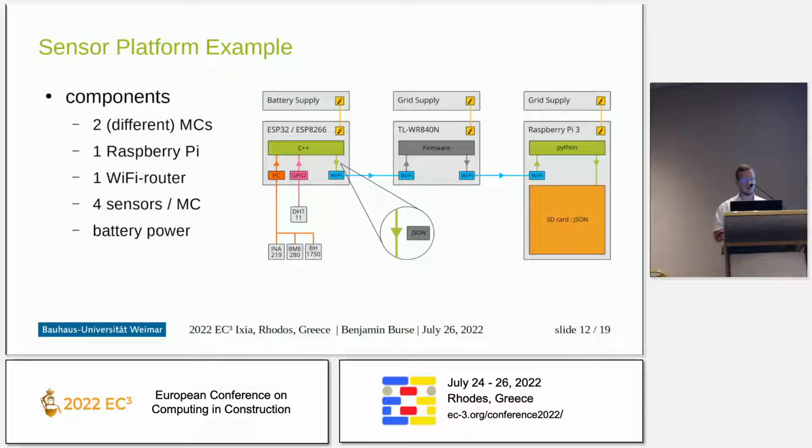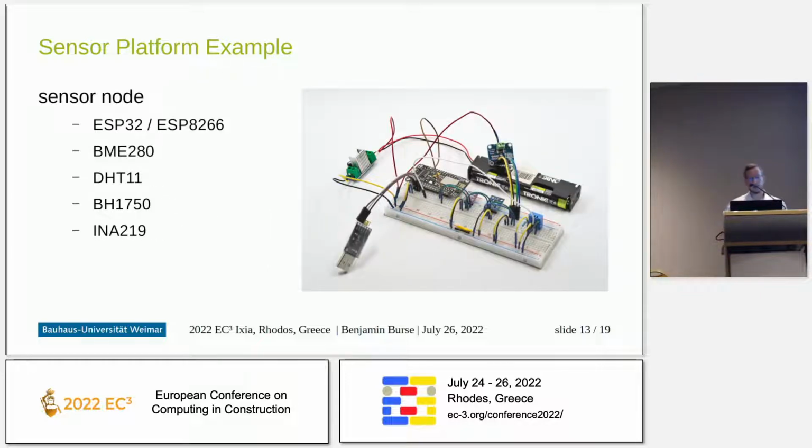It was transmitted wirelessly via Wi-Fi to a router, which handed it over to a Raspberry Pi being the server. It ran its own Python server and stored everything on the SD card. But you are generally free to do whatever you want, so you're not limited to, for example, using Python or C++. This is how the setup looked.